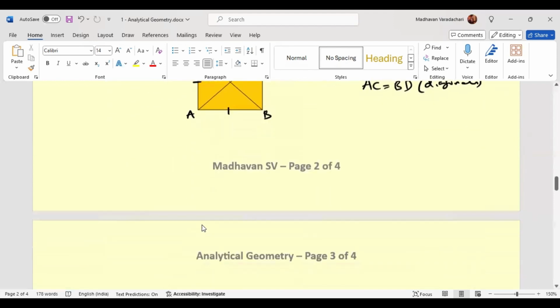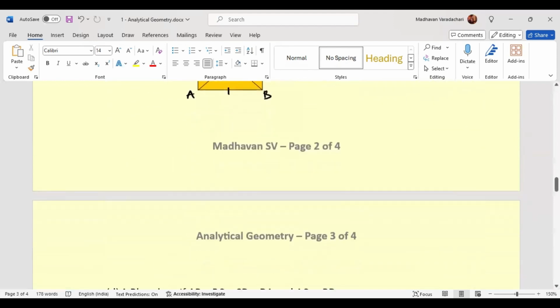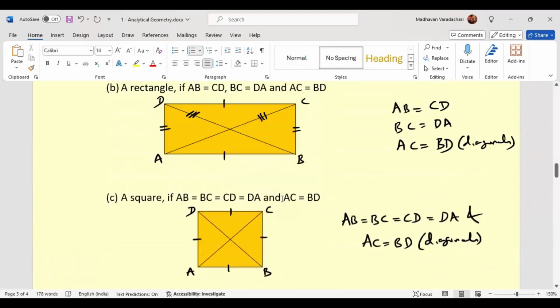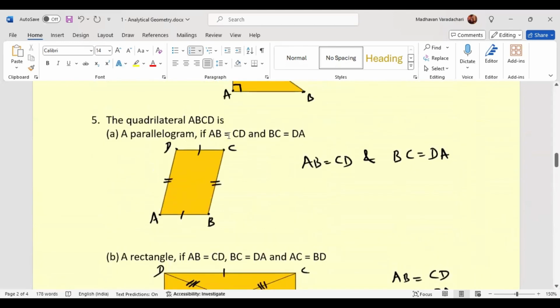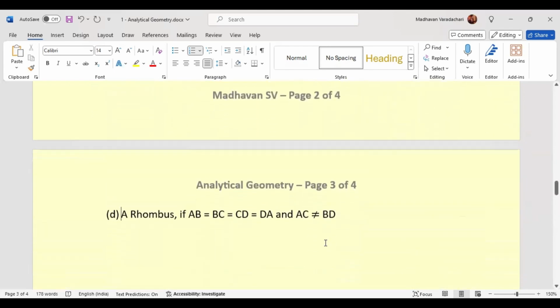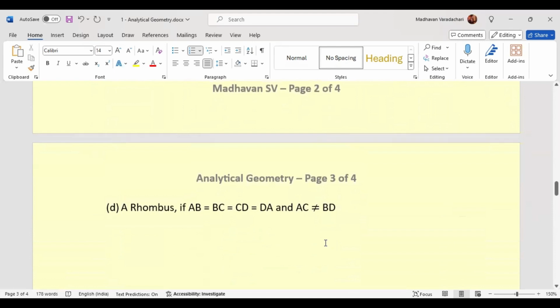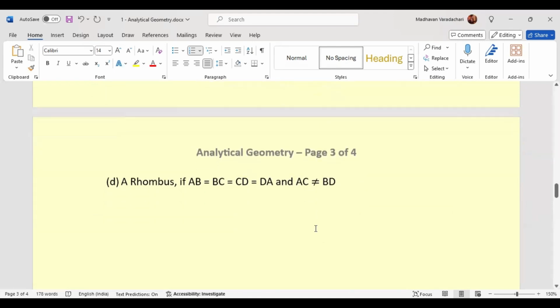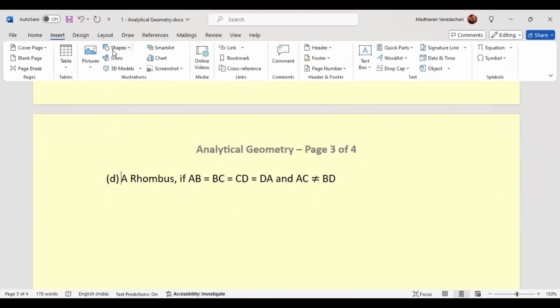Let us move on to the next one. What it says, the quadrilateral ABCD is a rhombus if AB is equal to BC equal to CD equal to DA, but diagonals are not same. Let us draw one rhombus.